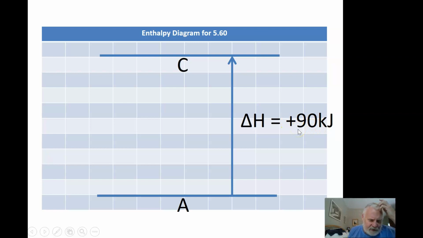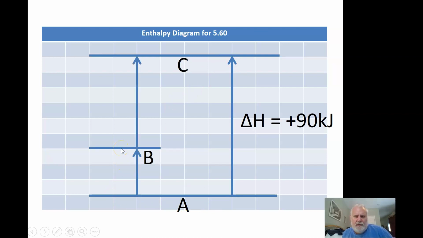And it's really important that you put in those plus and minus symbols in these problems when you're talking about change in enthalpy. So we know that A to C is plus 90, and to finish off the diagram, we know that A to B was 30, and we know that it was 60 from B to C.